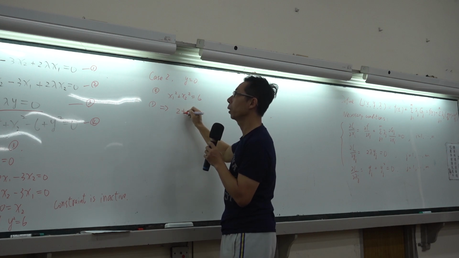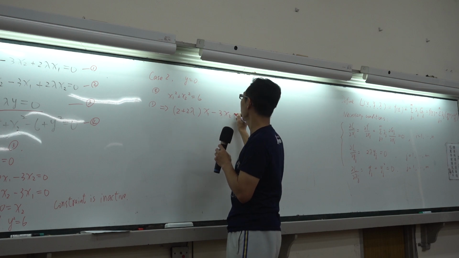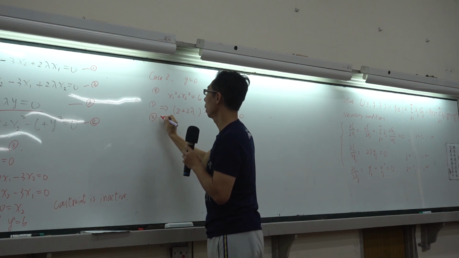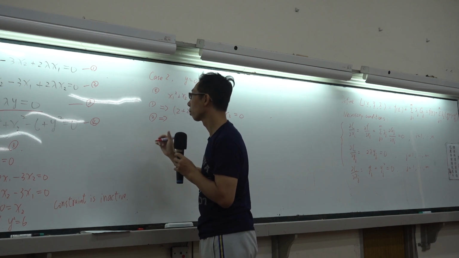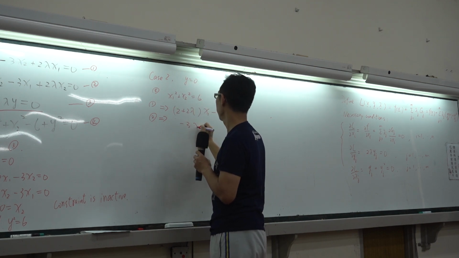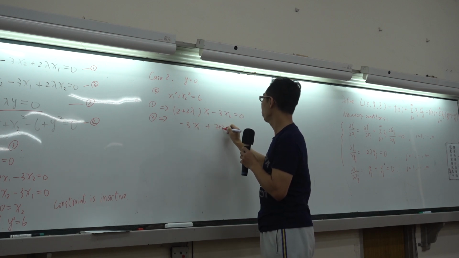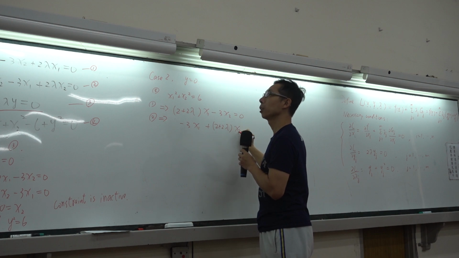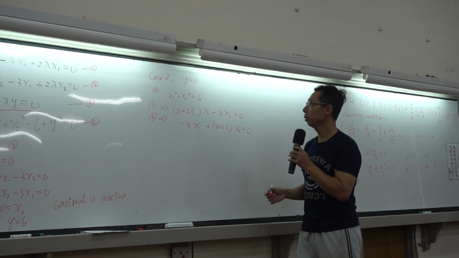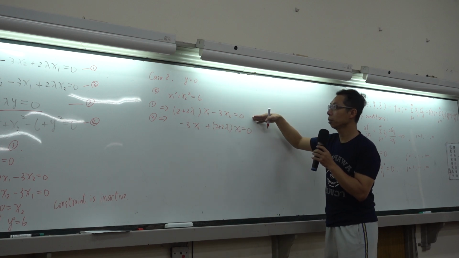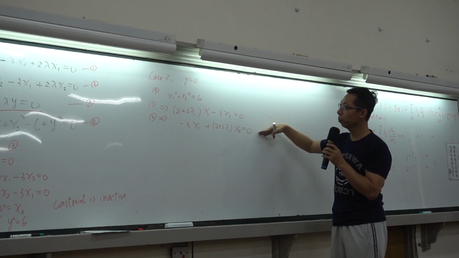So we have 2 plus 2 lambda x1 minus 3x2 equals 0, and equation 2: negative 3x1 plus again 2 plus 2 lambda x2 equals 0. What we can do is multiply this equation by x1 and multiply that equation by x2.